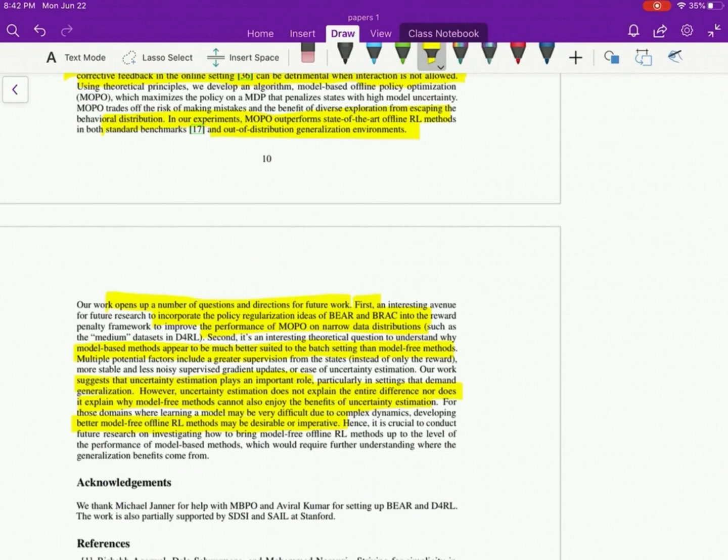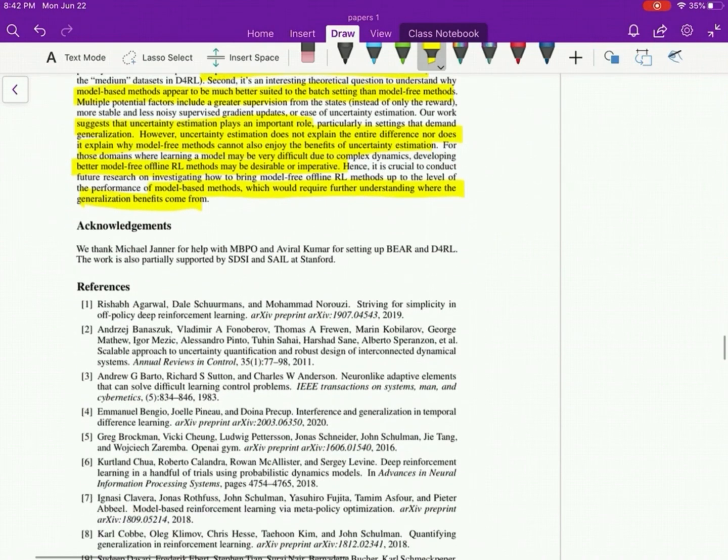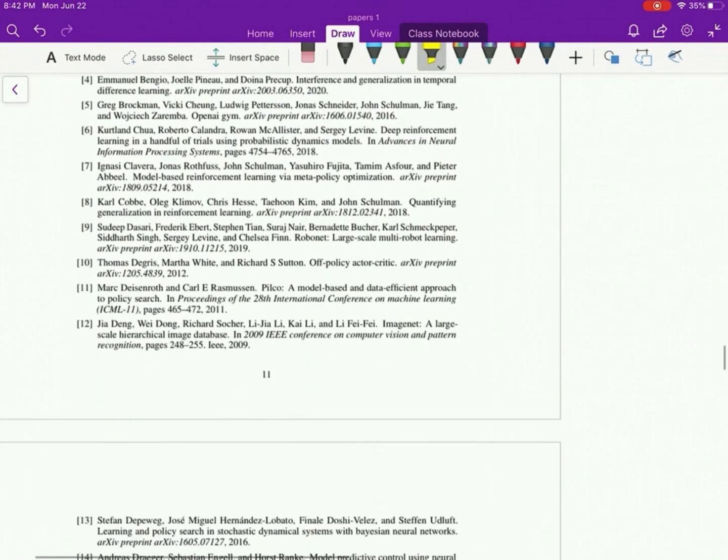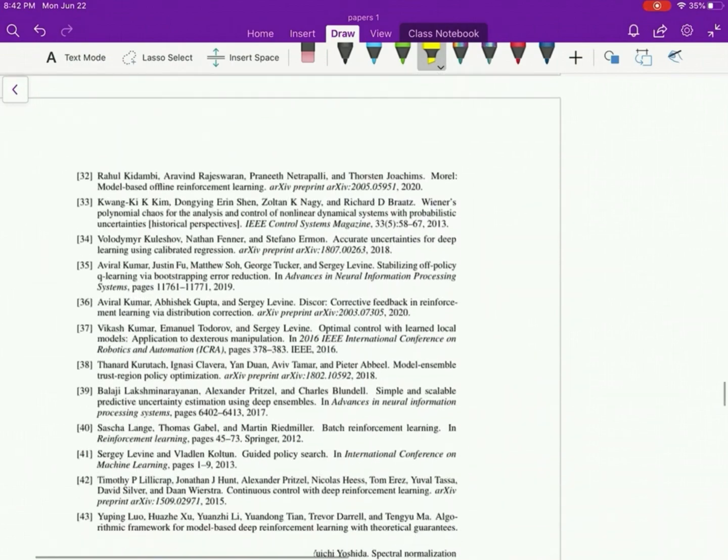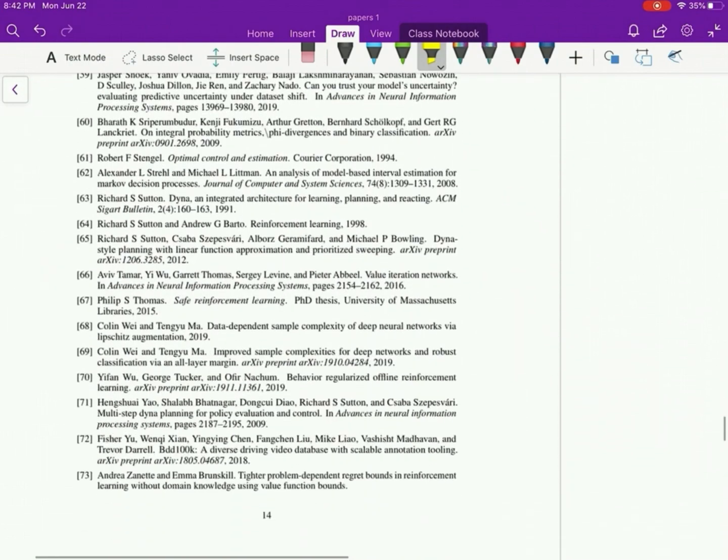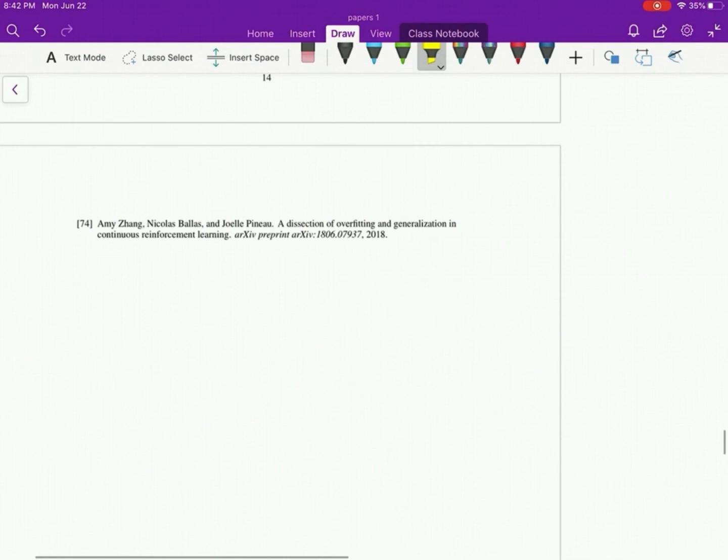Model-based methods would require further understanding of where generalization benefits come from. The number of references is, whoa, 74.